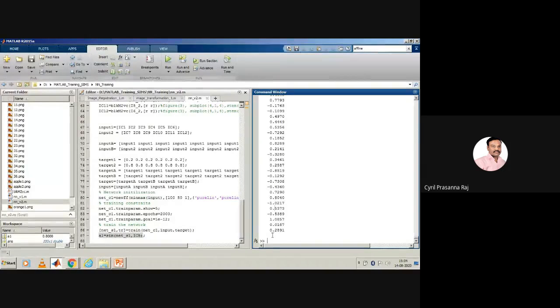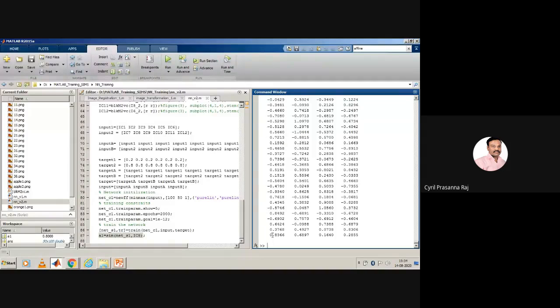And to find out the weights of the second hidden layer, use net_s1.LW{2,1}. These are all the weights of the second hidden layer. To find out the weights of the third output layer, again use this function with 2 comma 2.